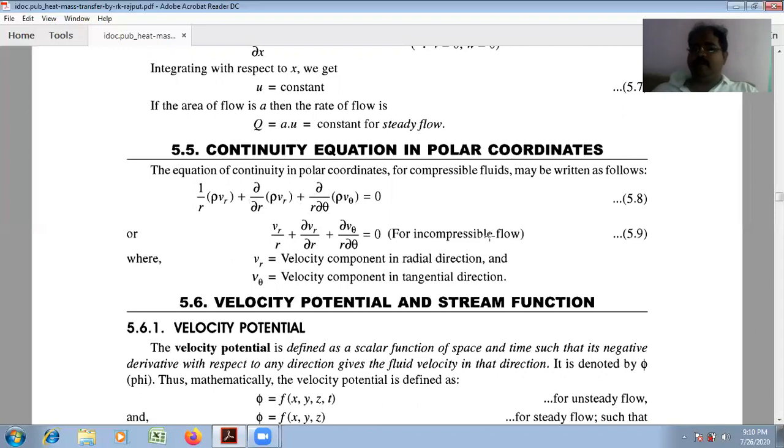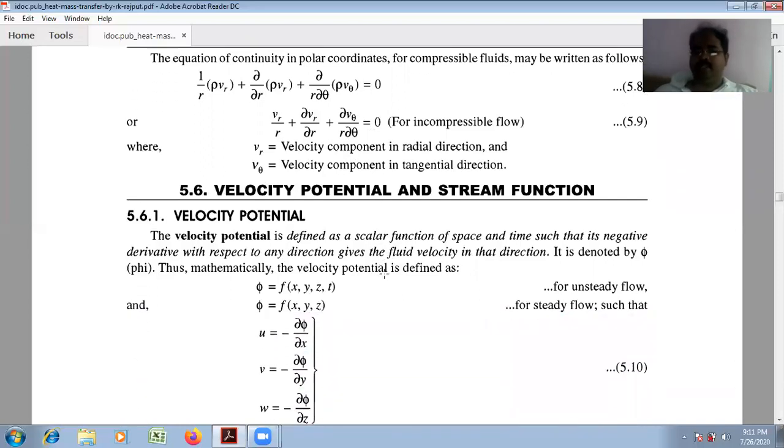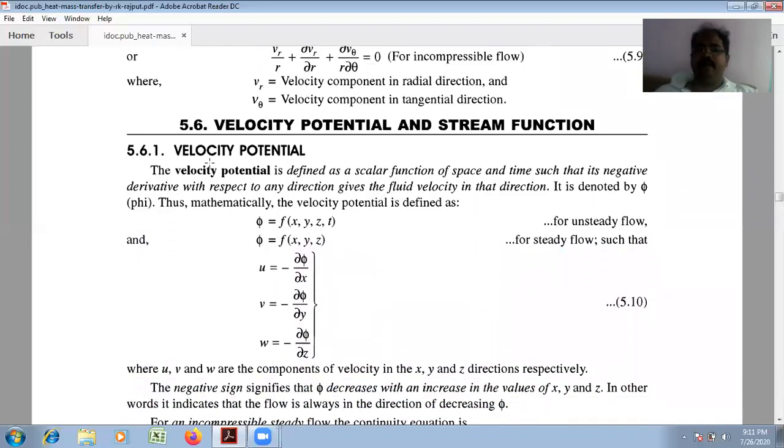Similarly, in case of incompressible flow, Vr upon r plus del Vr upon del r plus 1 by r del V theta upon del theta is equal to 0. Here, Vr is the velocity component in the radial direction and V theta is the velocity component in the tangential direction.